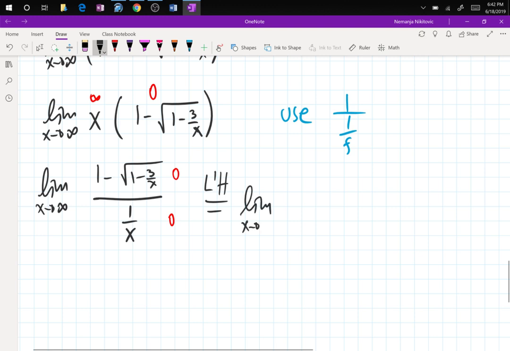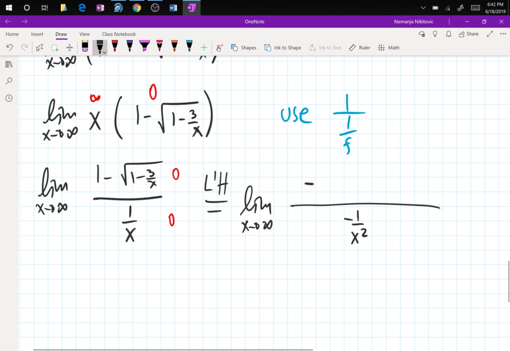Limit as x goes to infinity, and now we have to take these derivatives. Well, at least the denominator is easy at negative 1 over x squared. We have to take the derivative of the numerator. Well, should we treat the numerator with the chain rule? Yes. Derivative of 1 is 0.